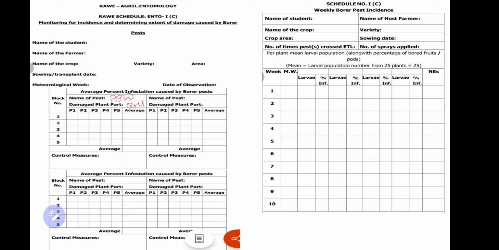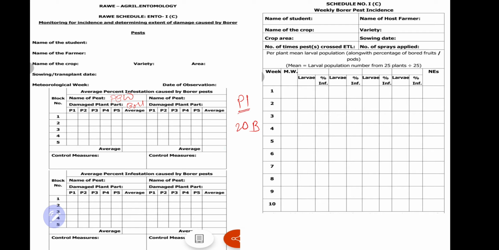Block number 1, plant number 1, here we have to collect the percent infestation. How can one do that? Suppose in plant 1 there are 20 bolls. Count the bolls of plant number 1.